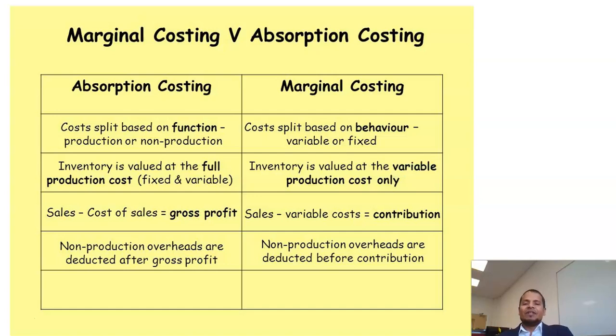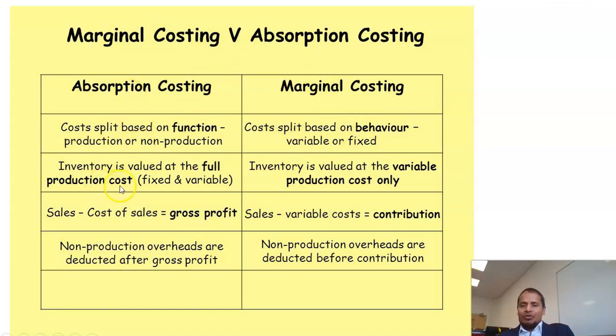So what are the differences between absorption costing and marginal costing? Okay. In absorption costing, cost splits based on function, production, non-production. But in case of marginal costing, costs are divided based on behavior, whether it is fixed cost or variable cost. Okay.